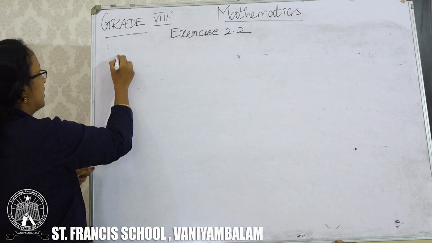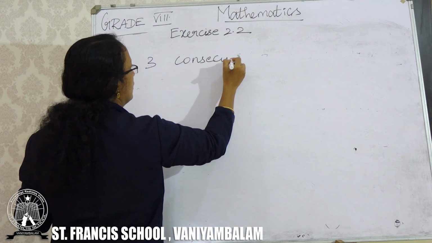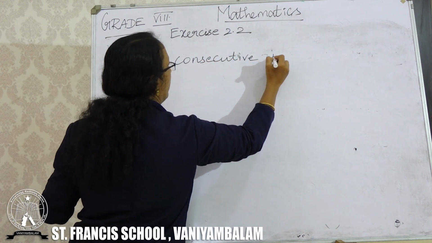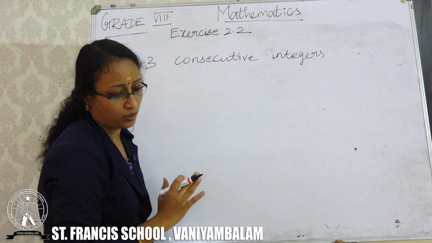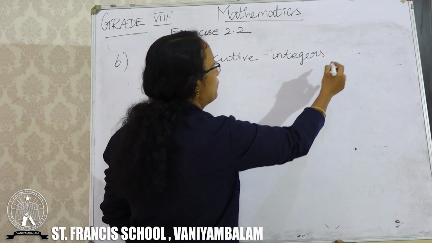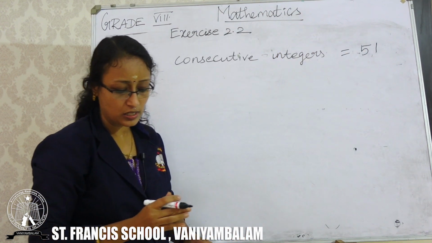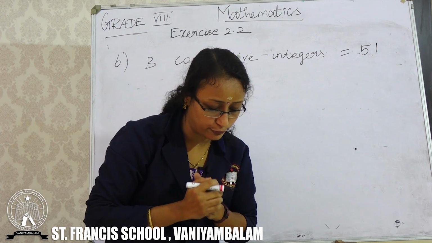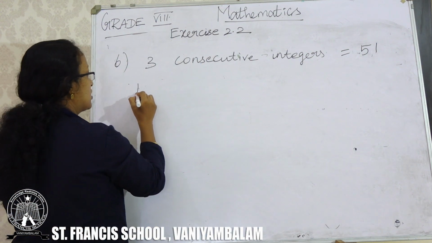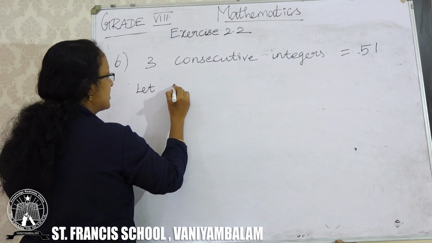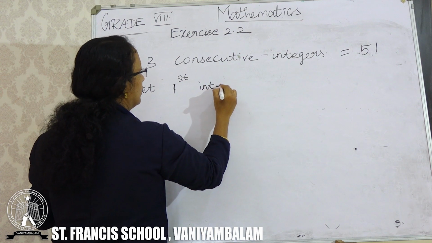Three continuous integers add up to 51. So let the first integer be x.